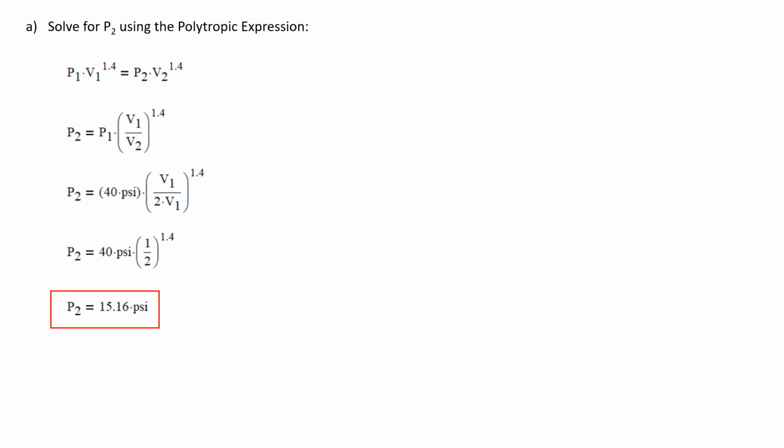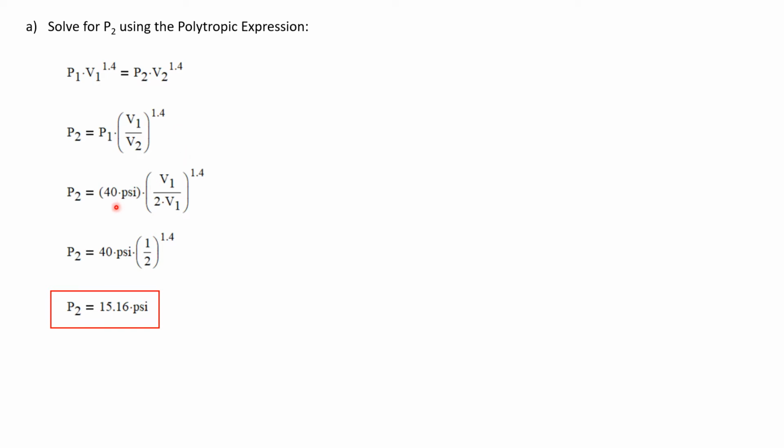Let's start by solving for the final pressure, which we can do simply by using the polytropic expression. We know that P1 V1 to the n power is constant. Therefore, P1 V1 to the 1.4 power is equal to P2 V2 to the 1.4 power. So rearranging, we get P2 is P1 times V1 over V2 to the 1.4 power.